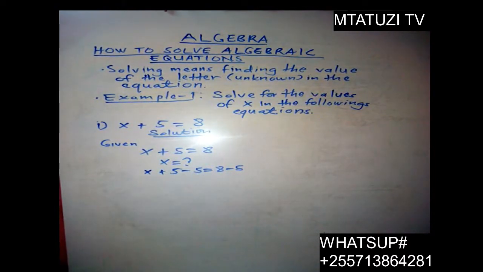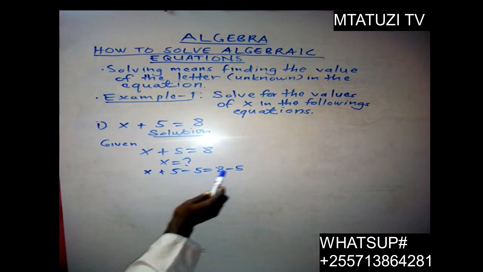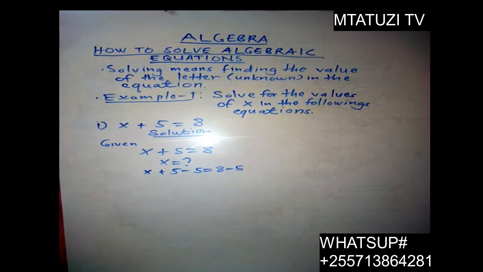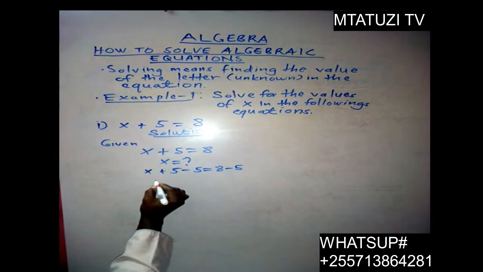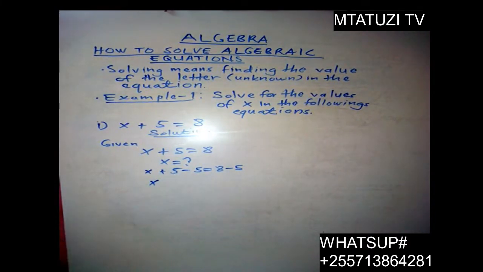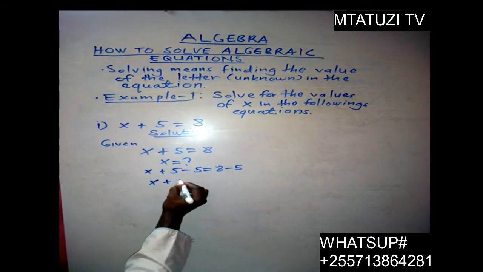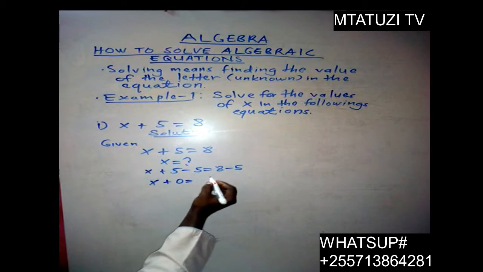So therefore, x plus 5 minus 5 is equal to 8 minus 5. So when we do that operation, x plus 5 minus 5 you get 0. Plus 0 is equal to 8 minus 5 is equal to 3.